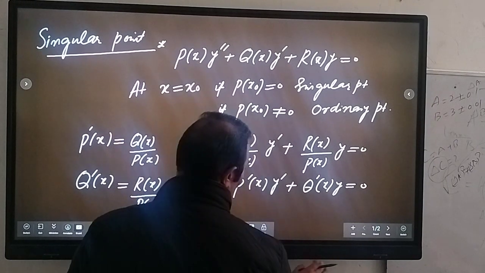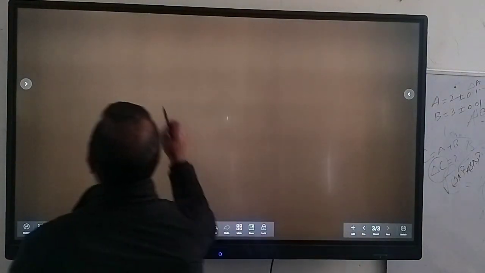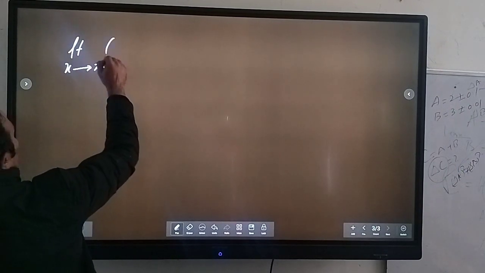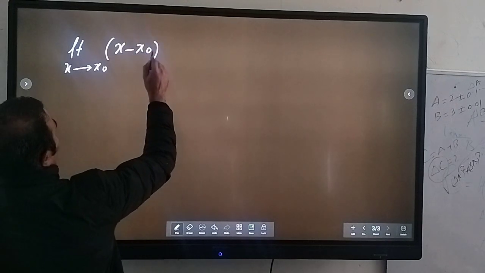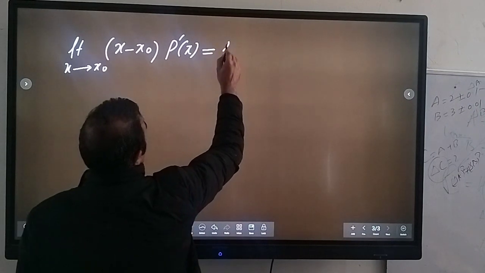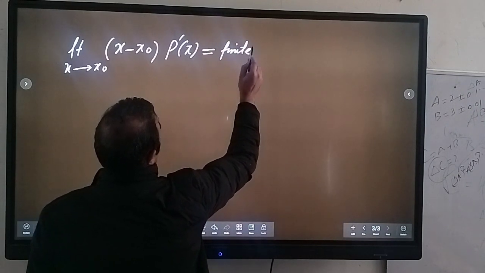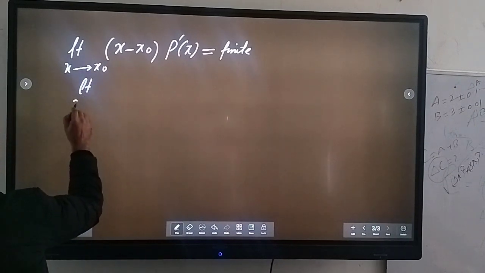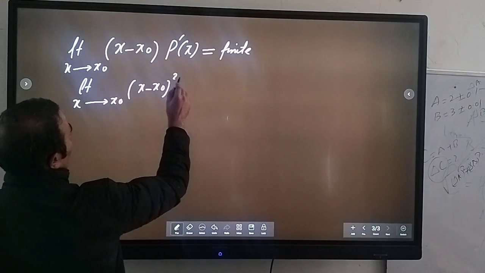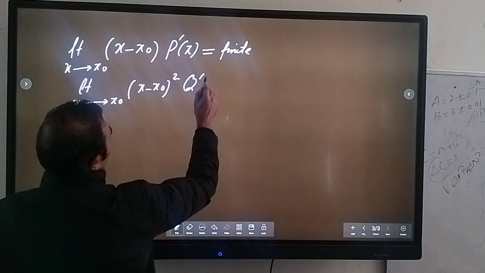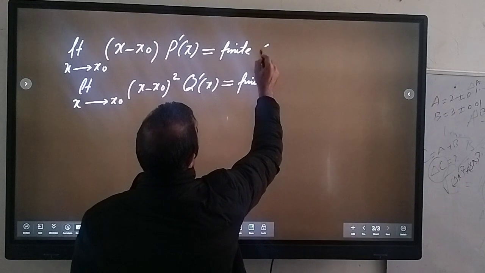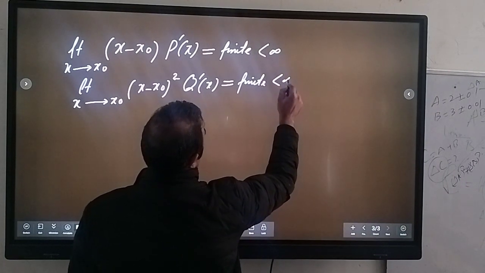So the two limits we need to check: the limit as x tends to x0 of (x - x0) P(x), and the limit as x tends to x0 of (x - x0)^2 Q(x). If they are finite, that means less than infinity, right?